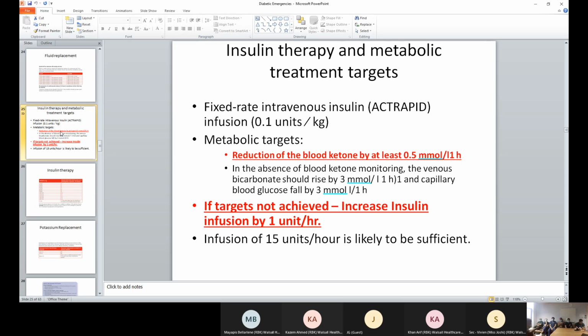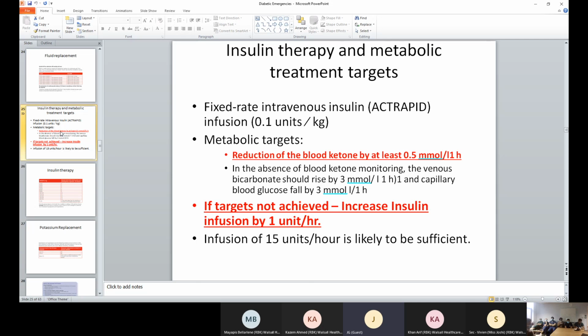You would have heard of Semglee and Abasaglar. They are the biosimilars for Lantus. So Semglee, Abasaglar, and Lantus glargine, that's three. And then we heard Toujeo and Tresiba. These two are ultra long acting.